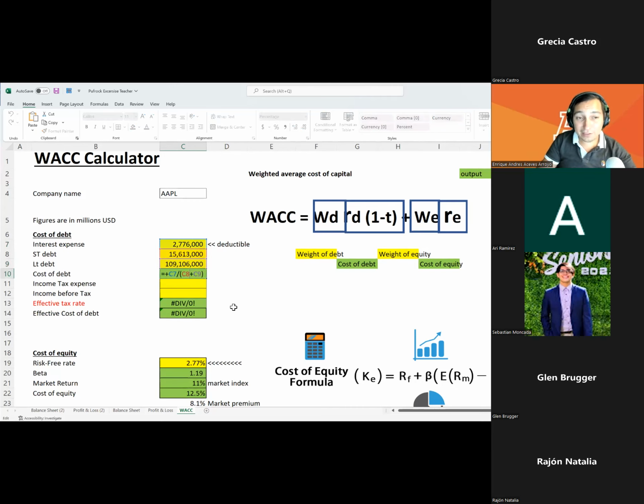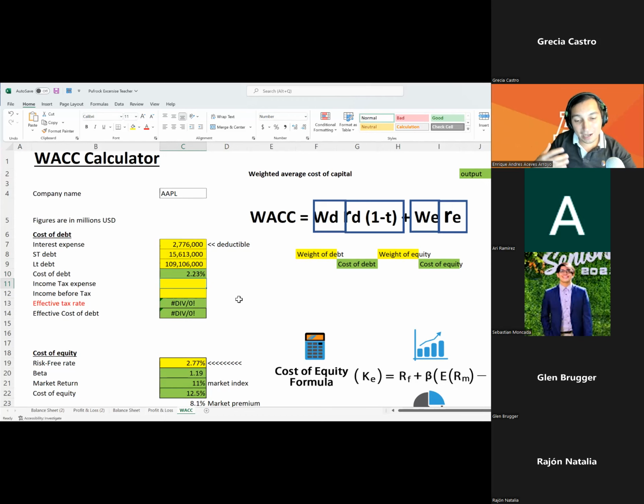Then it's a matter of just dividing the interest expense by the total financial debt, and you will get the average interest rate. Average yearly, because this is a one-year average rate, okay?